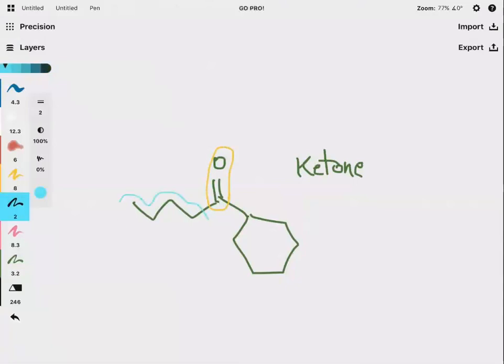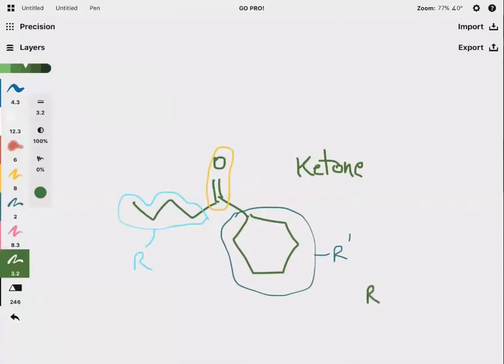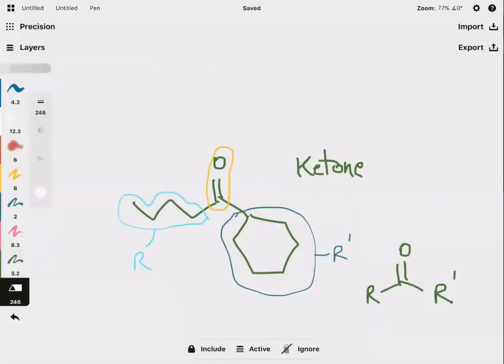All of this is an R, and all of this is just an R prime. It's a different type of R. So all we drew was R carbonyl R. Okay?